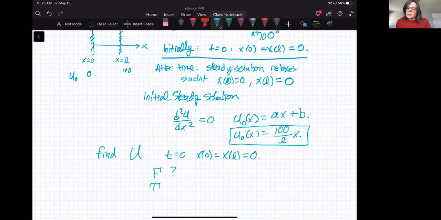Consider what that looks like with the general solution for t, and then combine those, and set those equal to what your function ought to look like. In other words, you're going to find a general solution of u of x, t, which is going to have to look like our u of x. Does that make sense?